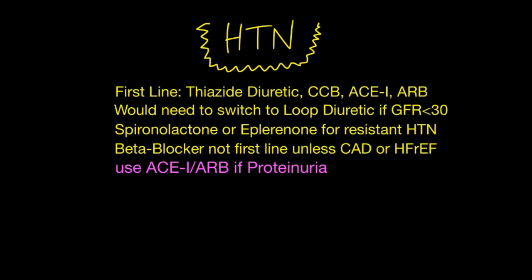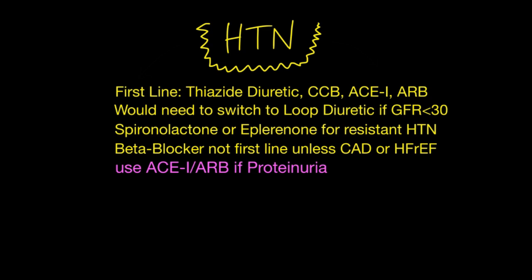And just a quick review of some pearls regarding hypertension management in CKD patients. First-line medications still apply, so thiazide diuretics, especially chlorthalidone, or calcium channel blockers, or ACE inhibitors, or ARBs are all fair game for treating a patient with hypertension. Remember, if the GFR is below 30, you probably need to switch from a thiazide diuretic to a loop diuretic, as a loop diuretic is more efficacious at natriuresis.